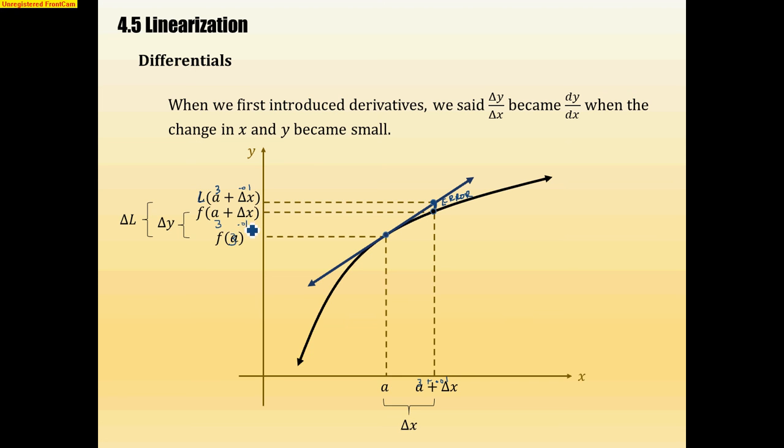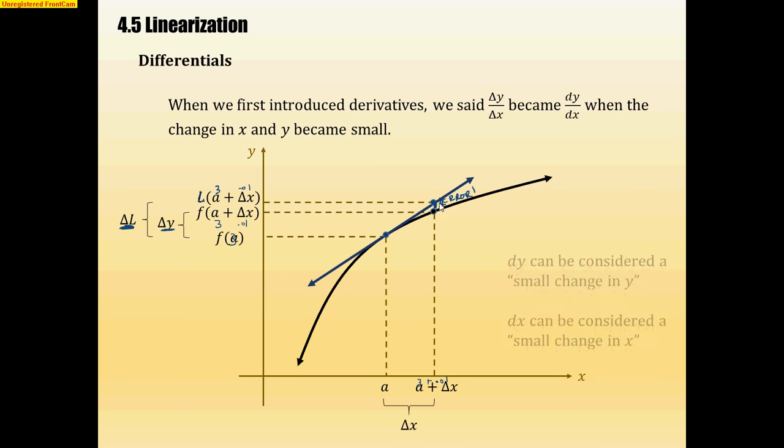But the change in L, the change in the linearization from the point of tangency to a point a little bit away, as long as you're close enough, delta y and delta L are close. And how far are they off? Error. This error right here. And we always want to talk about positive error.